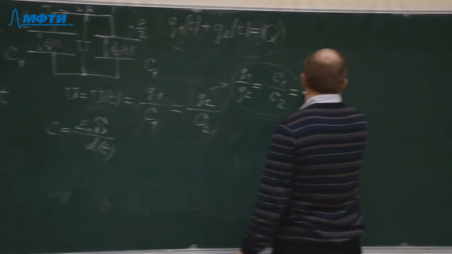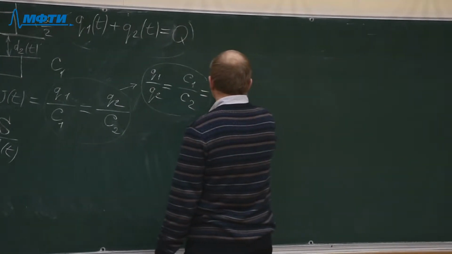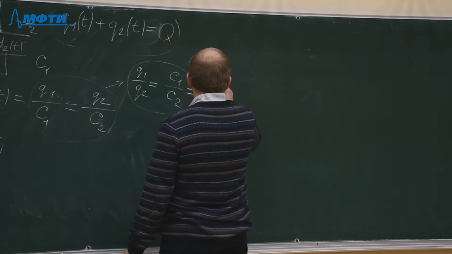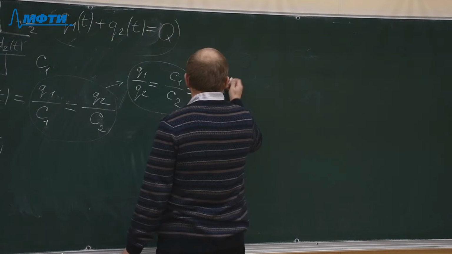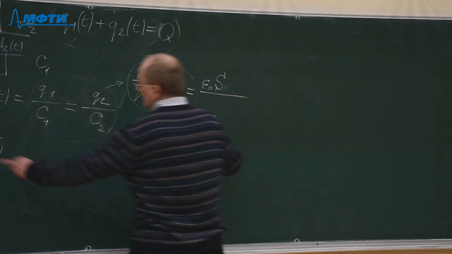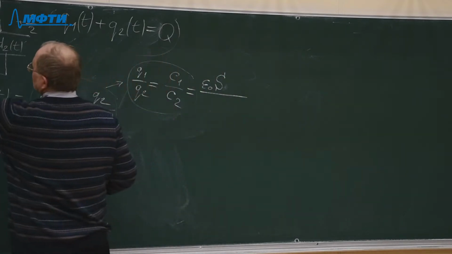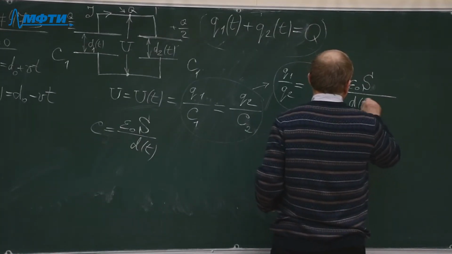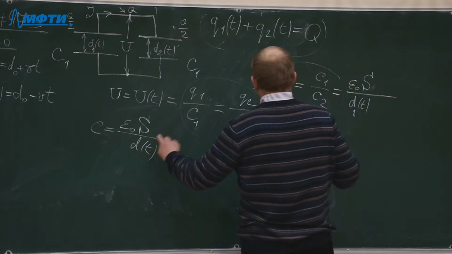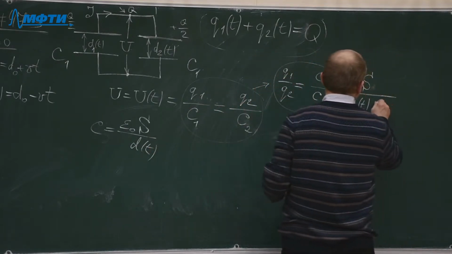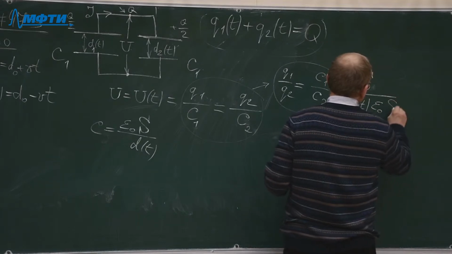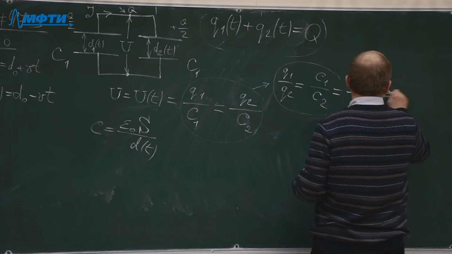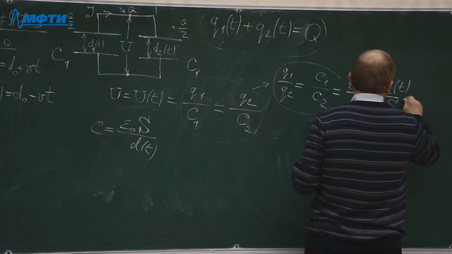So let's put it in this way: C1, epsilon 0 times the surface area divided by the distance between the plates of the first capacitor, and we divide it by C2, which is epsilon 0 times the area of its plates divided by the distance between the plates of the second capacitor.